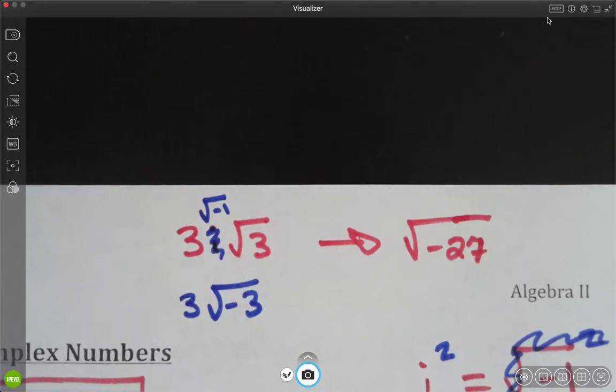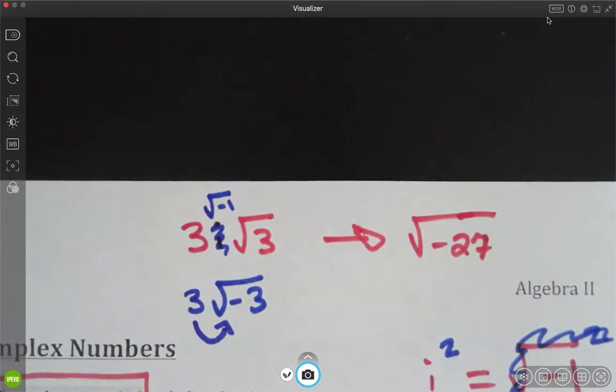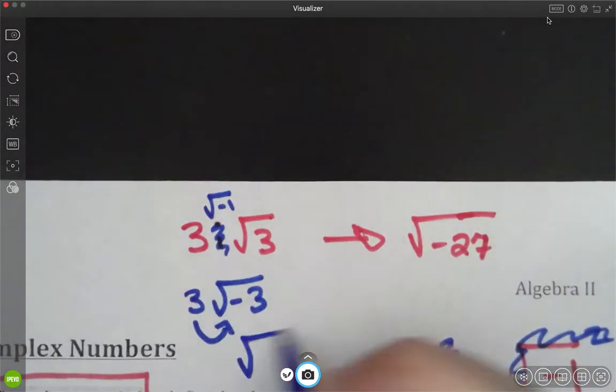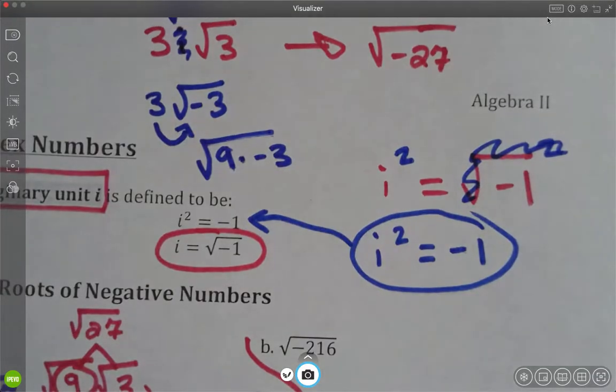If I want to take this 3 and stuff it back inside of here, it actually has to be 9, because the square root of 9 comes out as 3, so if I want to put it back, I have to square it. You see that? Okay, so this is the square root of 9 times negative 3. Well, what is 9 times negative 3?